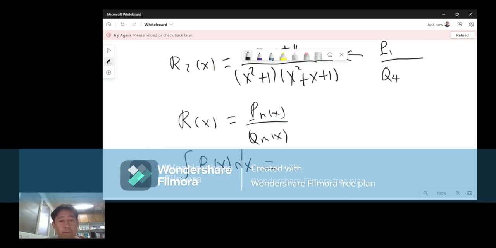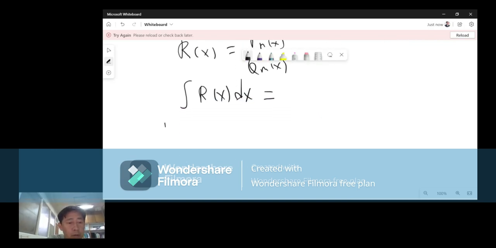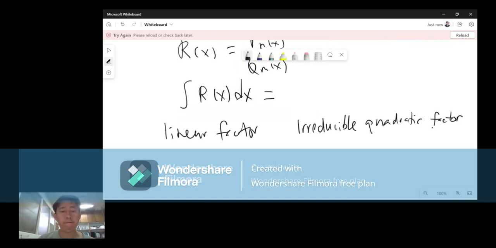To proceed with the discussion of how to use this method to integrate proper fractional functions, we have to first introduce two terminologies, which we call linear factor and irreducible quadratic factor.